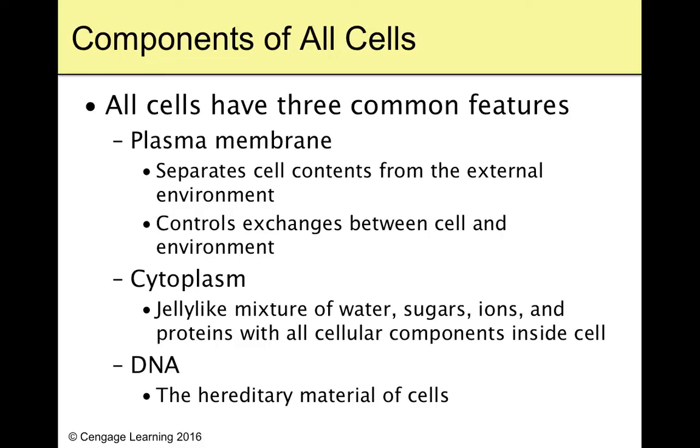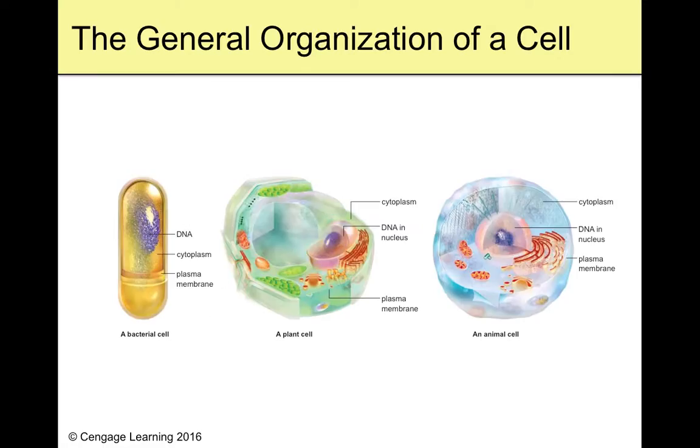So all cells, no matter what it is, you've got to have a plasma membrane, you've got to have a cytoplasm, you've got to have DNA if you're going to be a cell, and everything we're going to talk about has those. So here's a few different cells. We've got a teeny tiny bacteria, a plant cell, and an animal cell. And you can see just from looking across, they're all pretty different.